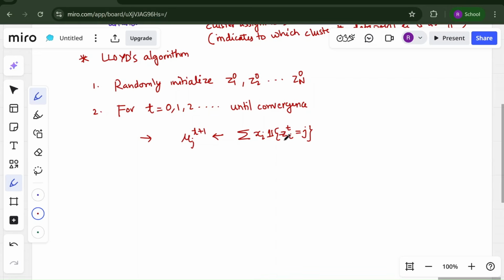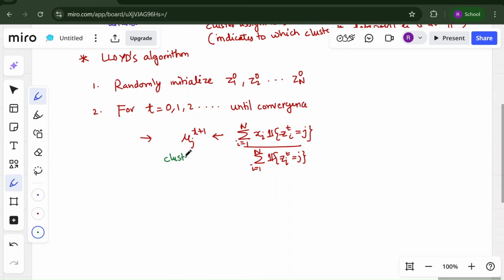So this is the indicator function that the cluster assignment is equal to j, right? And then you take the average of it. That is, you divide by this quantity, right? Notice that the sum is over i running from 1 to capital N, right? So in fact, these mu j's are known as cluster centroids.